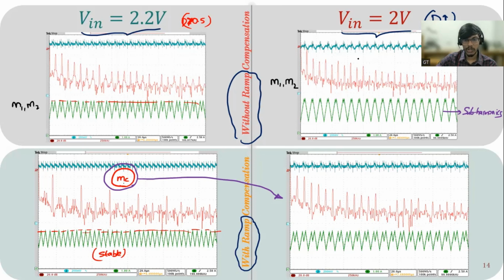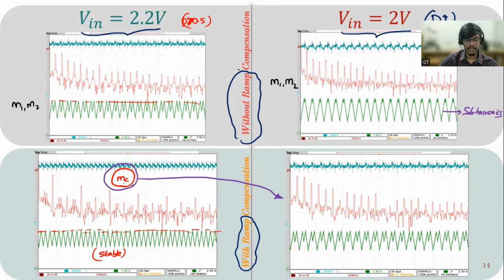And when duty ratio increases, the MC value required to stabilize the system also increases. So whatever MC that we had used here was not sufficient to stabilize this system. It has improved somewhat, but it is still not sufficient. So now if you want to improve the stability, then we have to use a higher value of MC. As the duty ratio increases, the MC value required to stabilize the system will also increase.